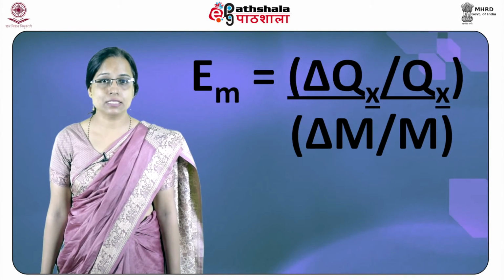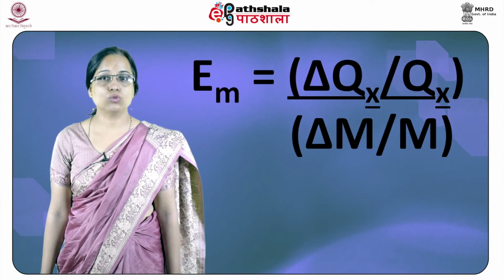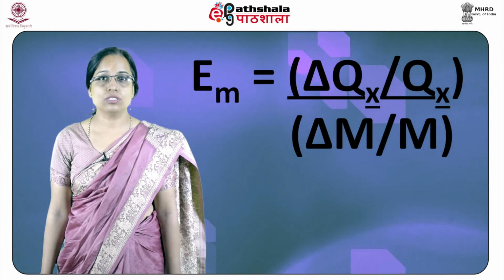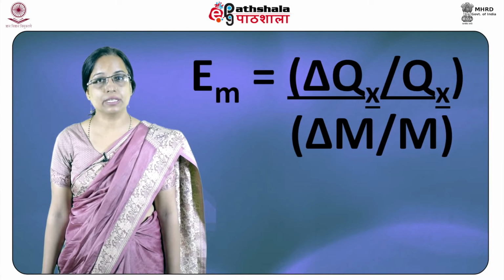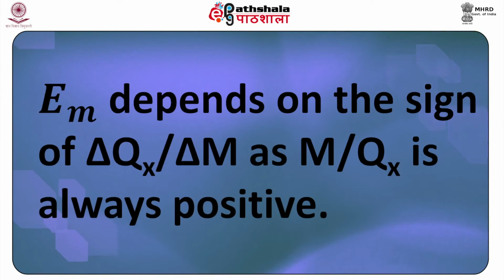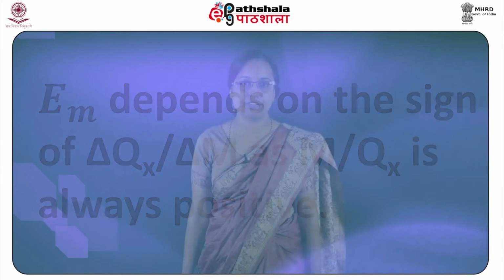Mathematically, elasticity of income is equal to the change in quantity of X by QX, which is divided by change in income divided by the original income. Note that the sign of income elasticity of demand depends on the sign of change in QX by change in M, as M by QX is always positive.